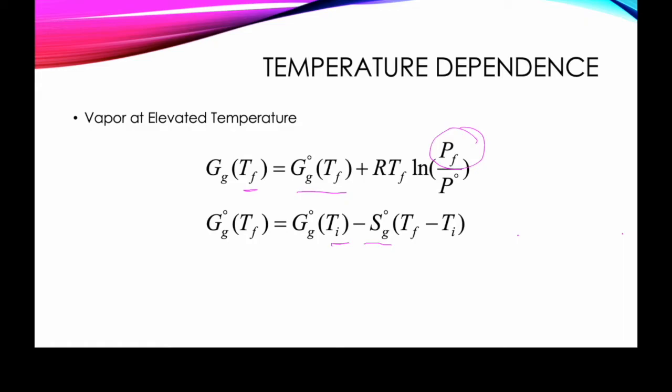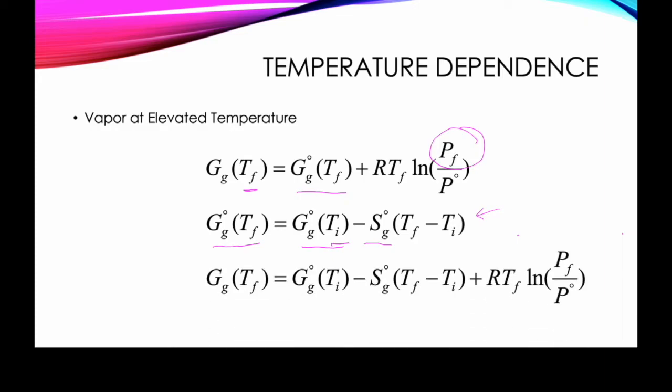The standard Gibbs energy at the elevated temperature is equal to the standard Gibbs energy at the initial temperature minus this correction term based on the entropy that we see right here. So that's going to be the critical factor here that we're looking at.